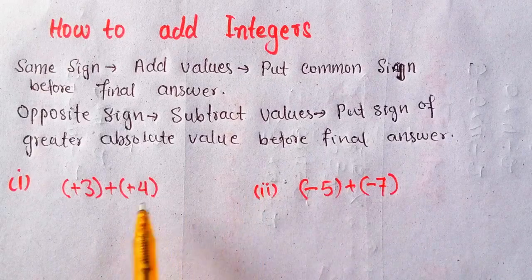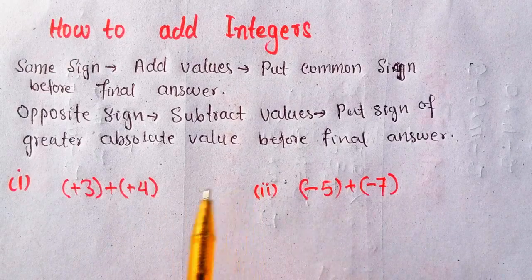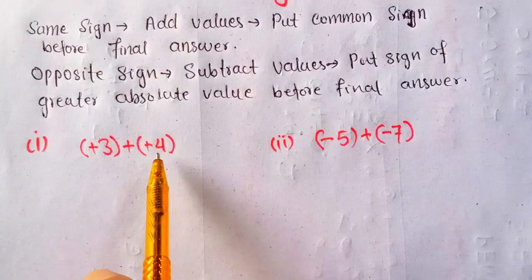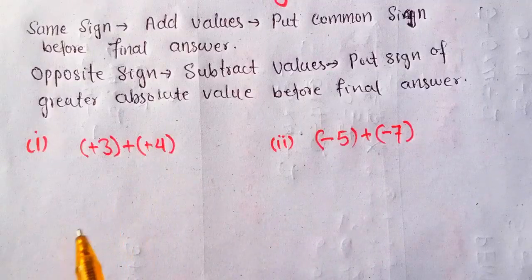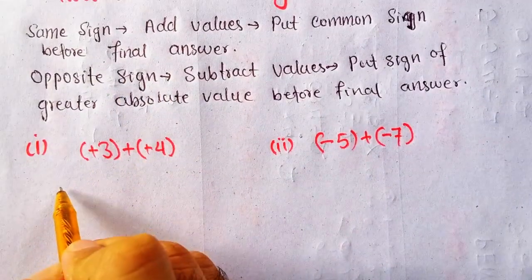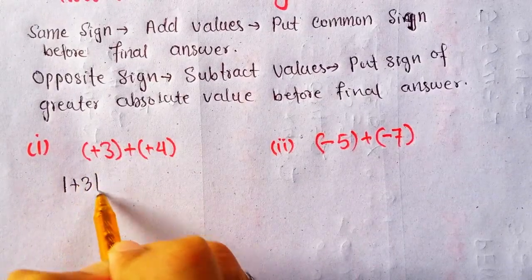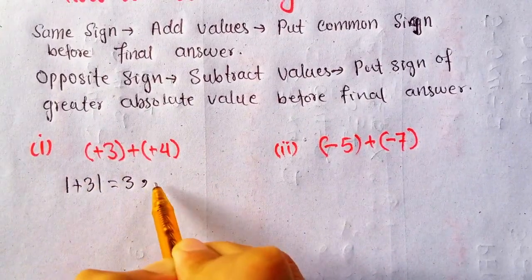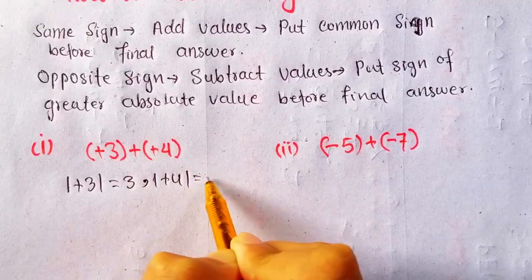Now we are going to go over the process of the addition of integers. Here there are two integers with the same positive sign. According to this rule, we will take the absolute values of the two integers. The absolute value of positive 3 equals 3 and the absolute value of positive 4 equals 4.